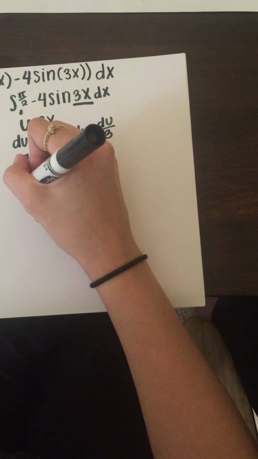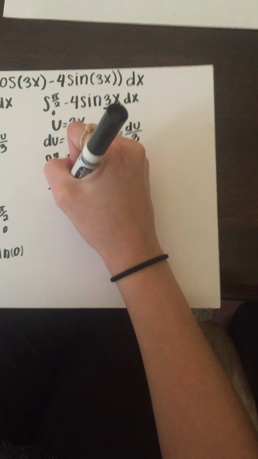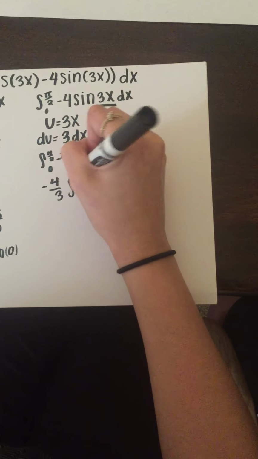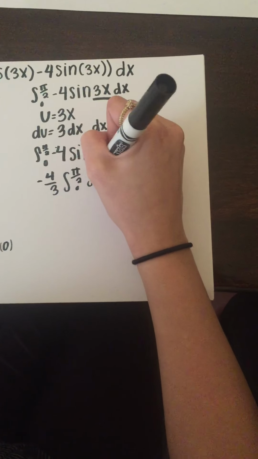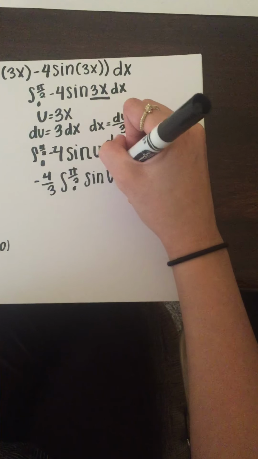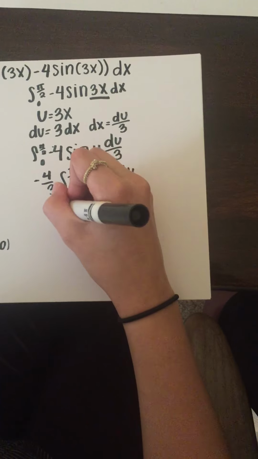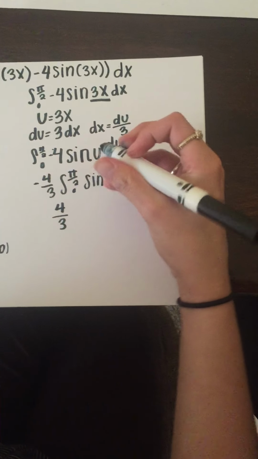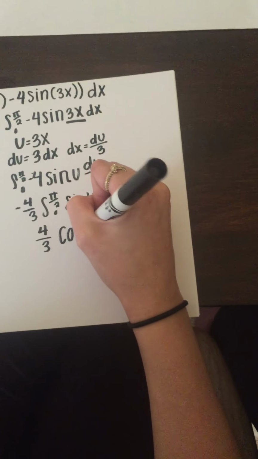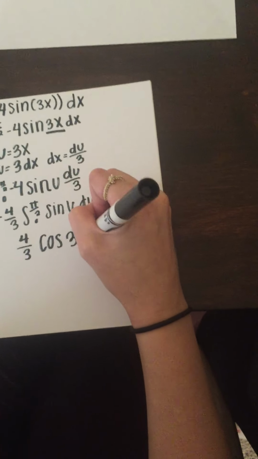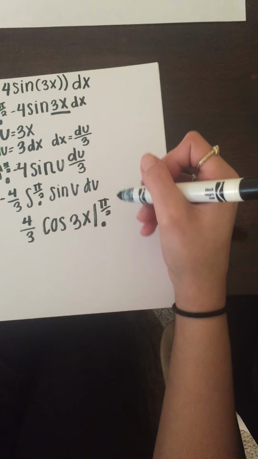And then we're going to take these out and make this our negative 4 over 3 integral from 0 to pi over 2 of sine u du, which, the antiderivative is 4 over 3 cosine 3x evaluated at pi over 2 and 0.